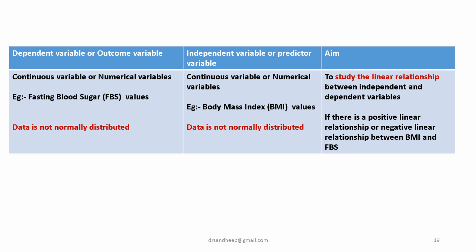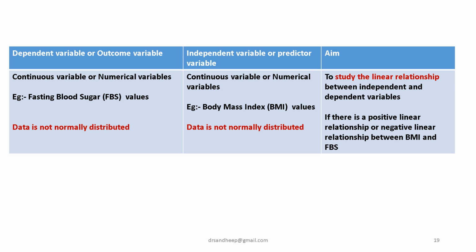The last scenario, the dependent variable is a continuous variable or numerical variable such as fasting blood sugar, and the data is not normally distributed. And the independent variable is a continuous variable or numerical variable like body mass index, and the data is not normally distributed there also.